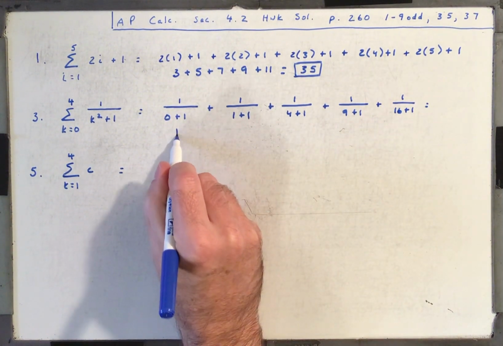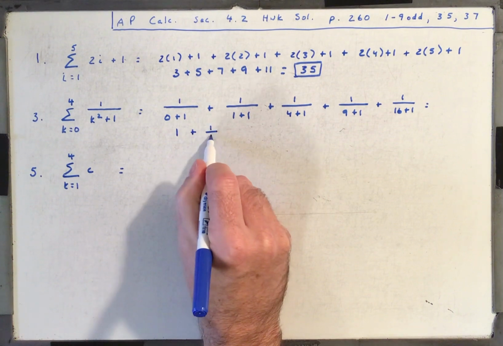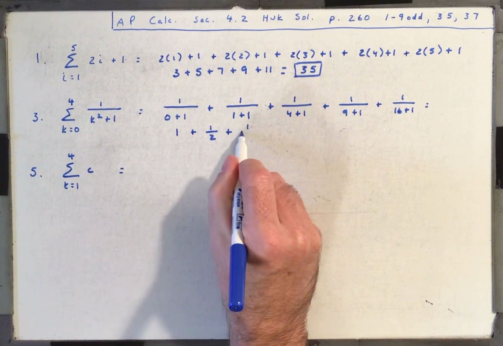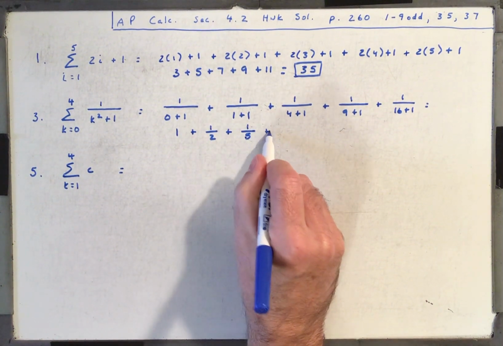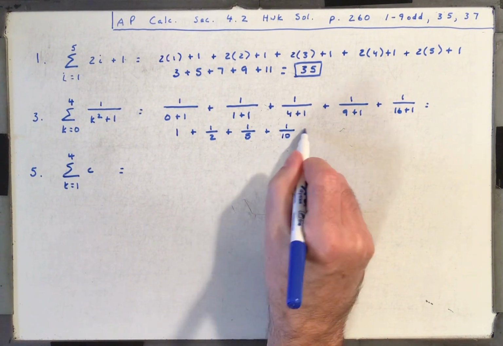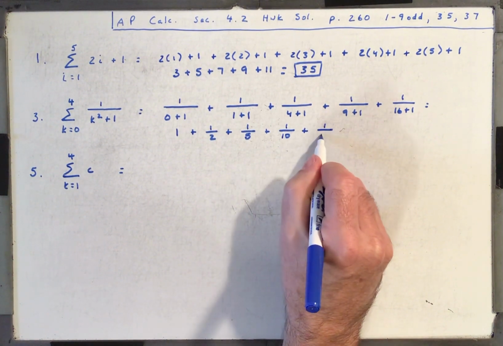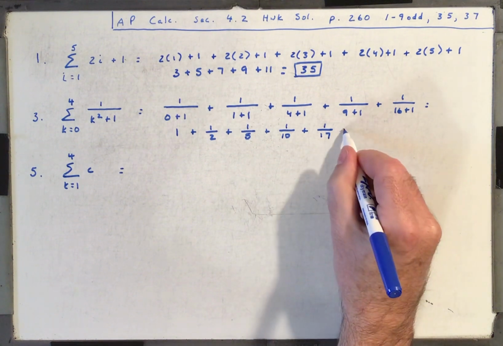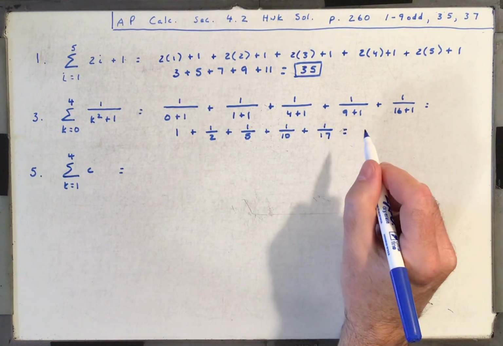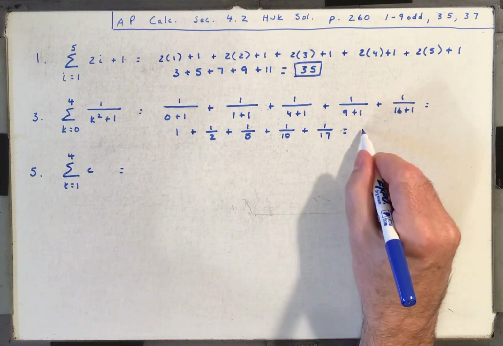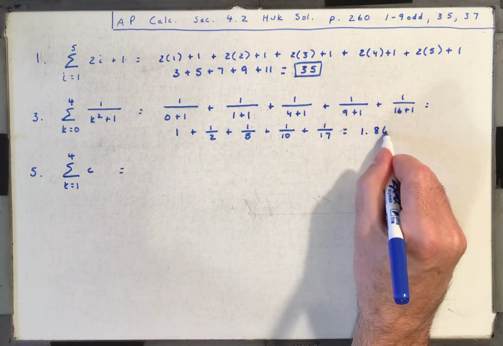So that's going to be 1 plus 1/2 plus 1/5 plus 1/10 plus 1 over 17. So I would convert that to decimal, and that's about 1.86.